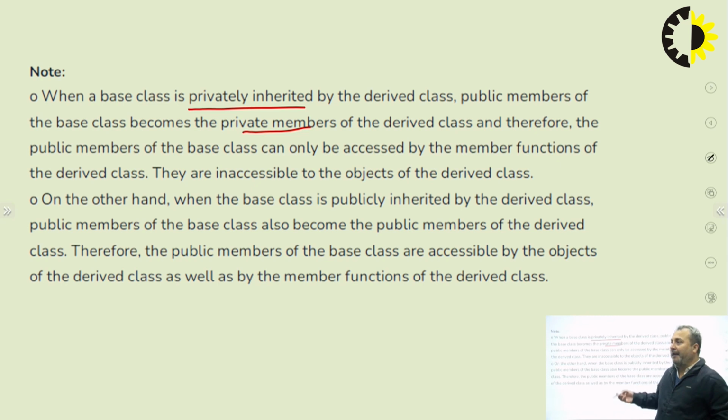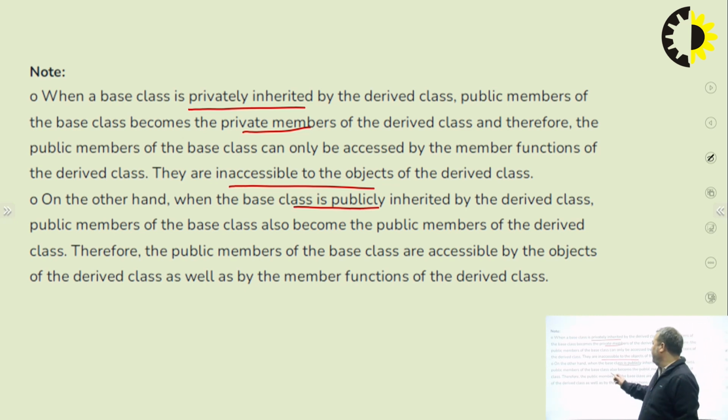So if the base class is privately inherited, even the public and protected data of the base class become private member variables in this derived class. So they are inaccessible to the object of the derived class. On the other hand, when the base class is publicly inherited by the derived class, the public member of the base class also becomes the public member of the derived class.